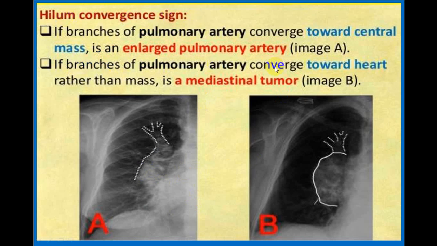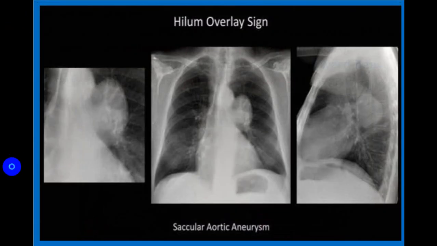If the branches of the pulmonary artery converge towards the heart rather than the mass, then it is a mediastinal tumor. This happens because of the enlarged pulmonary artery. So you should try to identify what we call the hilum convergence sign.